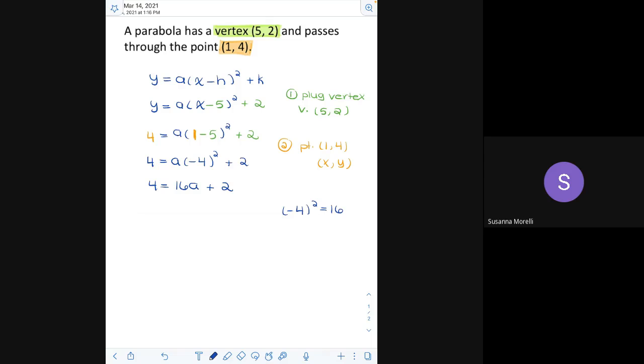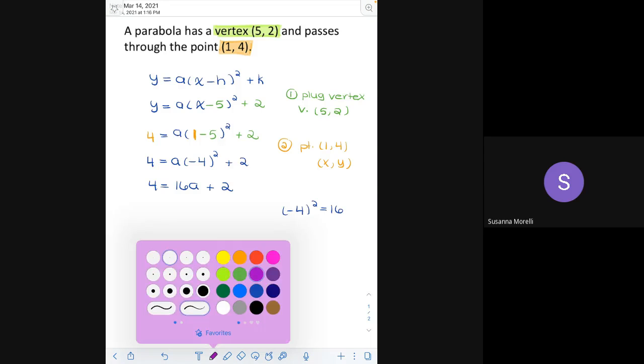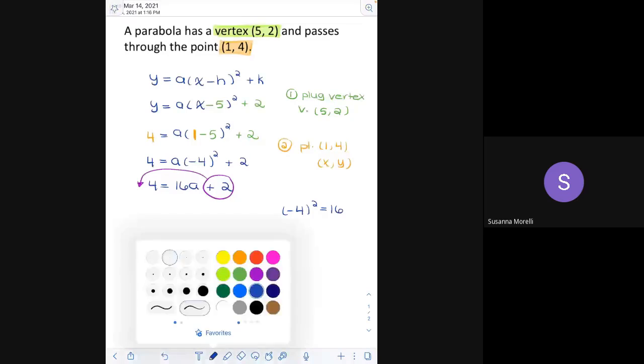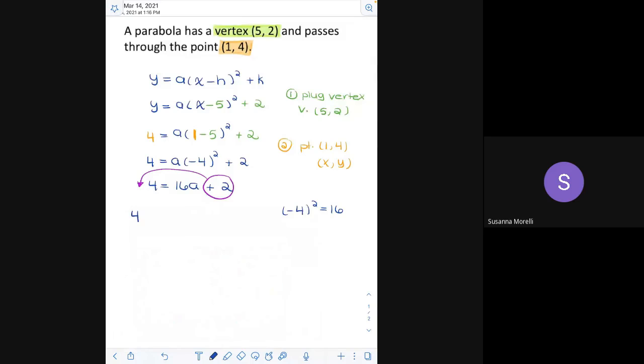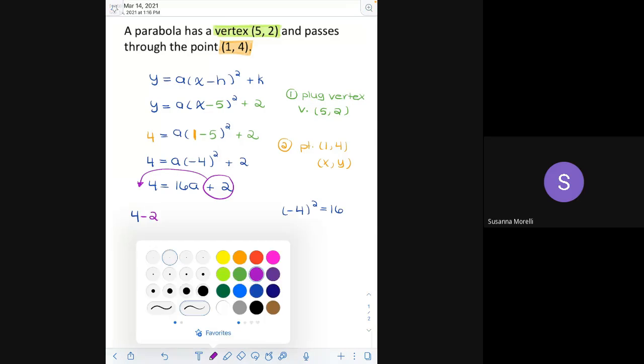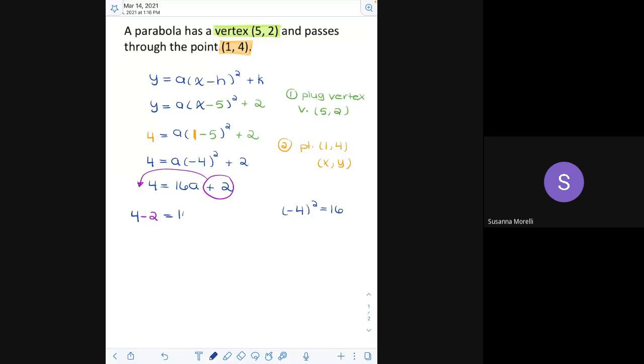Now we're going to start to isolate for the a value. The first thing we're going to do is bring our 2 over to this side. So that will become 4 minus 2, because the 2 changes sign when it jumps over the equal sign. 4 minus 2 is 2, equals 16a.